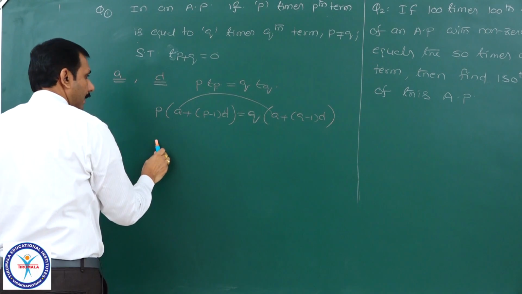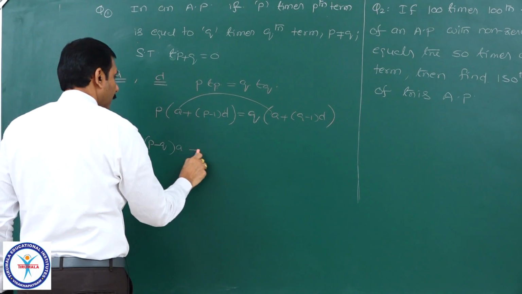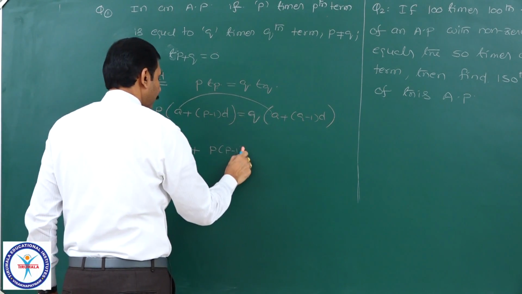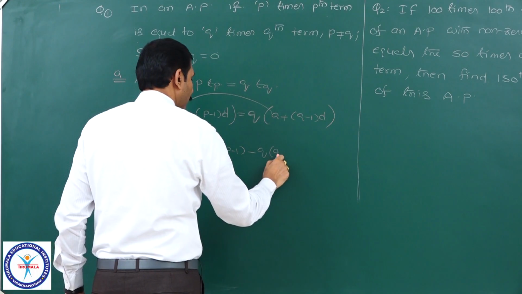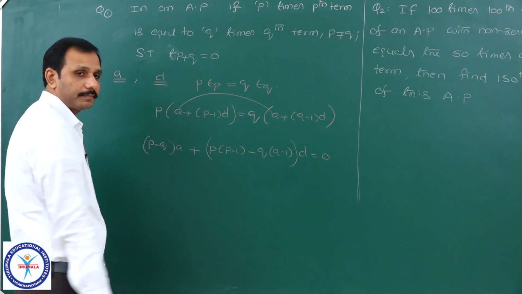Here these two I will take a common, it is a into p minus q, plus d I will take common, it is p into p minus 1 minus q into q minus 1, into d equal to 0.